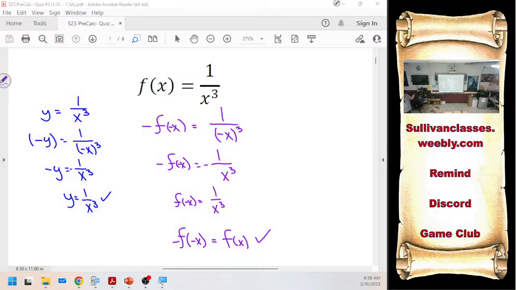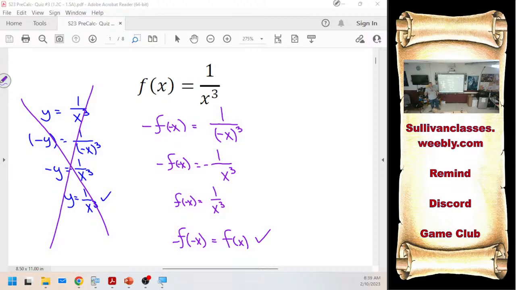I negated the whole thing and I negated x, and I ended up right back where I started. That last line is the proof for it being odd. But because I can substitute in y for f of x and f of x for y, respectively, what I'm telling you is you don't need to do this part if you do this, because you are still showing the same thing algebraically. Okay?